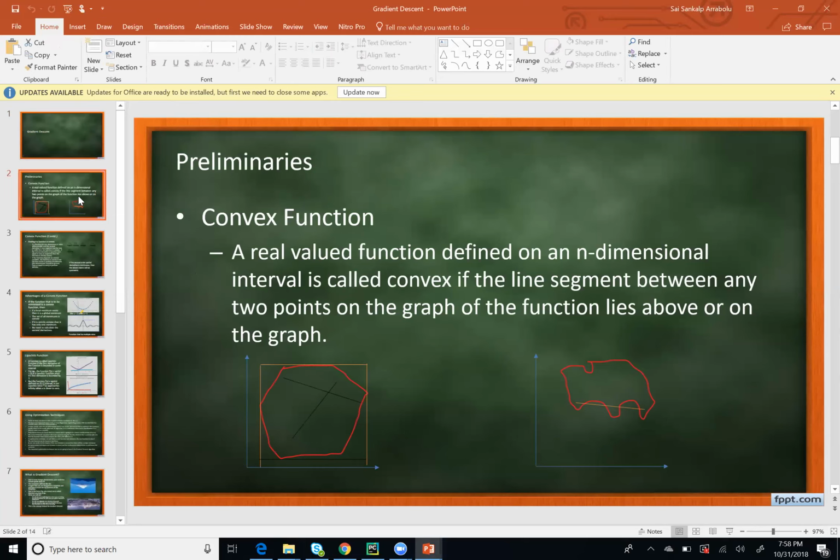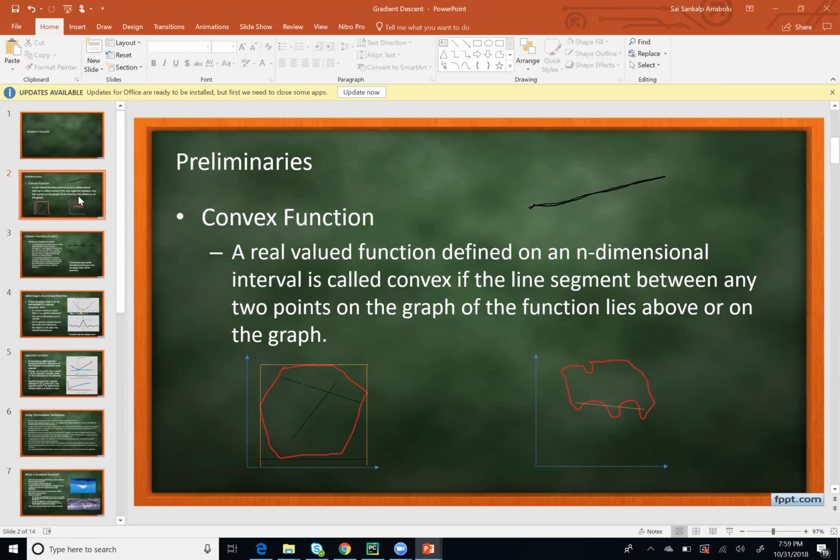How many of you know what a convex function is? Have you heard of convex functions before? A convex function is a function where, if you take 2 points within that function and you draw a line, all the points on the line lie within the same function.